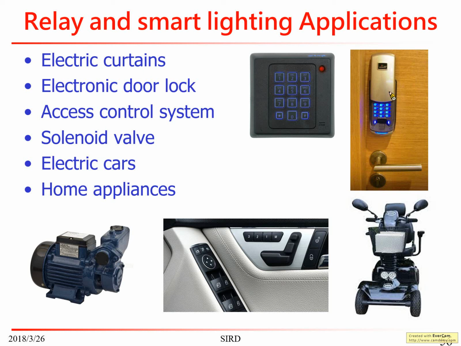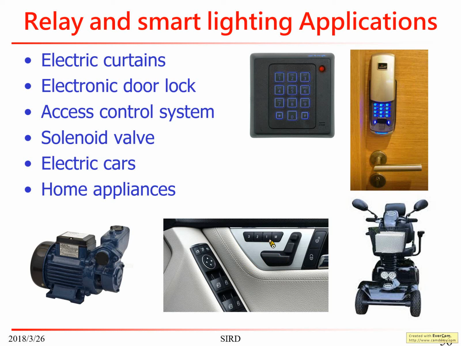Or for example, an electronic door lock also uses a relay to turn the motor on so that the door will open, and turn it off, and then the door is closed. And you can see a bunch of gauges in sedans or a car.